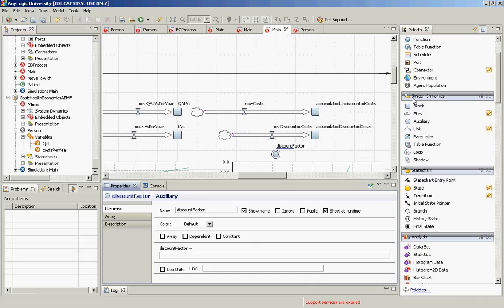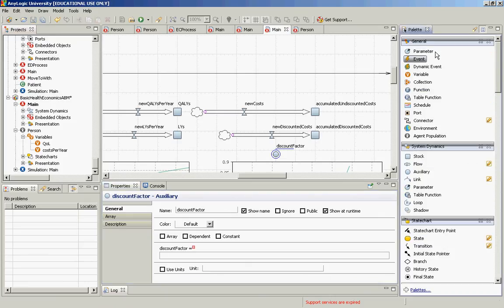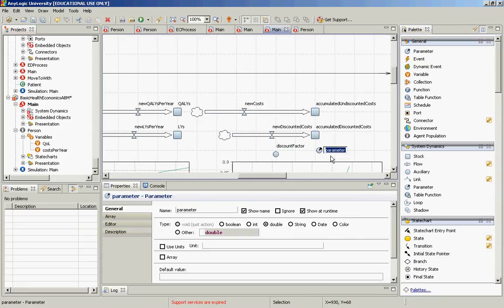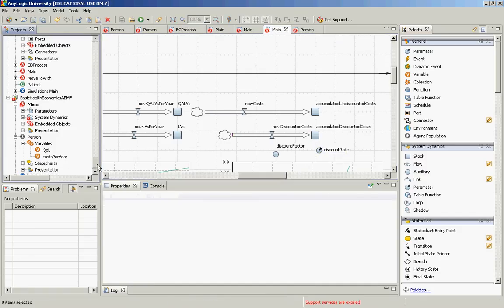So to make this just a little bit less heinous, I'm going to create a parameter called discount rate. This is a parameter, so it will be specified when main is created, the global environment, the stage in which the agents move around. When that's created by a simulation, we'll specify the discount rate, which will allow us to vary it.